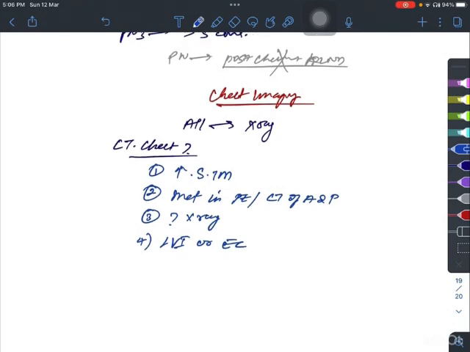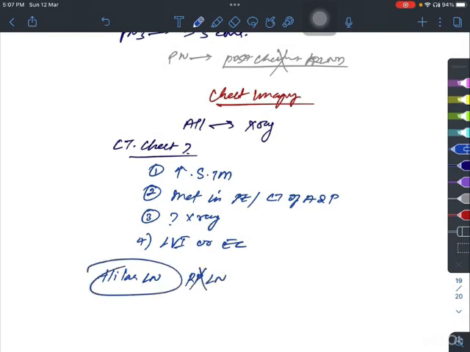Suppose when doing the CT chest, the patient has hilar lymphadenopathy but no retroperitoneal lymph nodes.